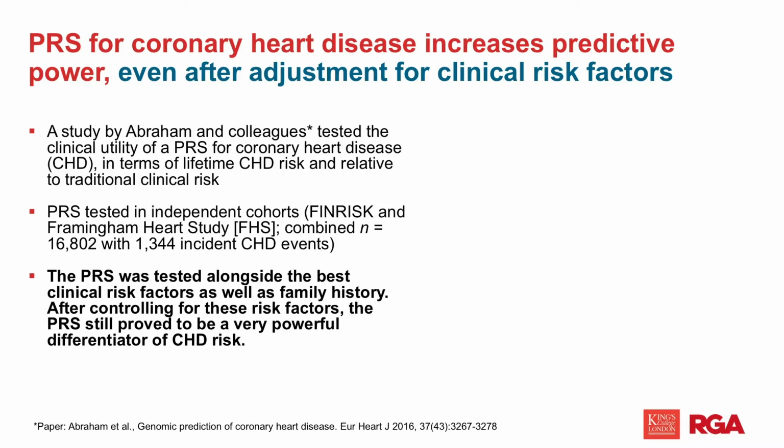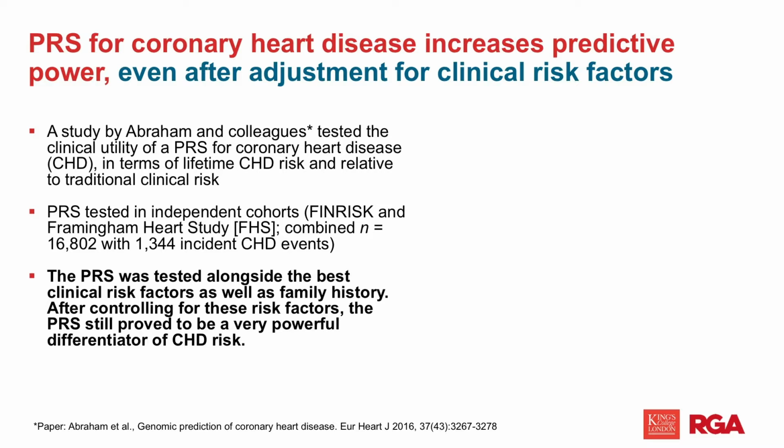Although polygenic risk scores have only been around for a few years, they're already demonstrating very powerful risk differentiation. So in this study by Abraham and colleagues from 2015, they developed a polygenic risk score for coronary disease and then investigated in independent data sets whether it was a powerful risk differentiator.